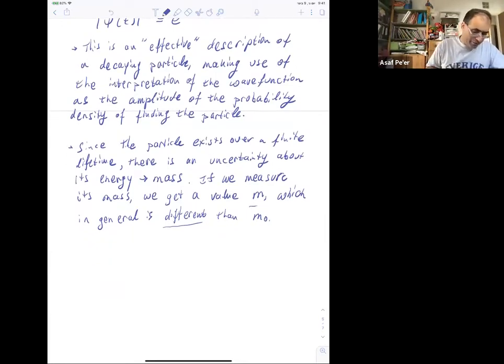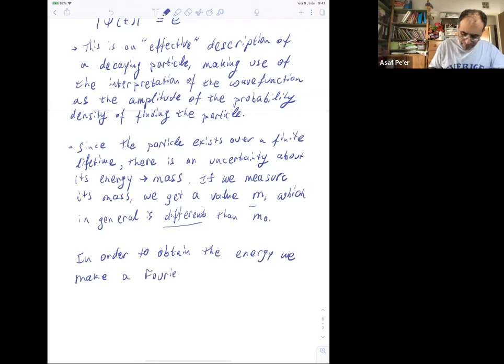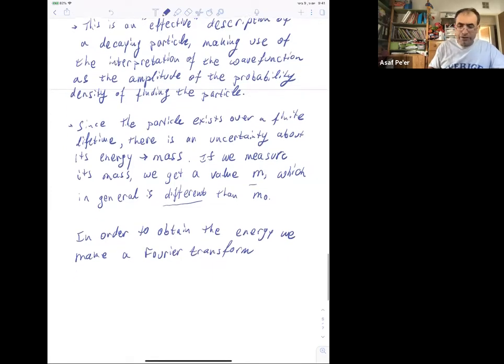So we make a Fourier transform in order to obtain the energy or the mass, of the time-dependent wave function.